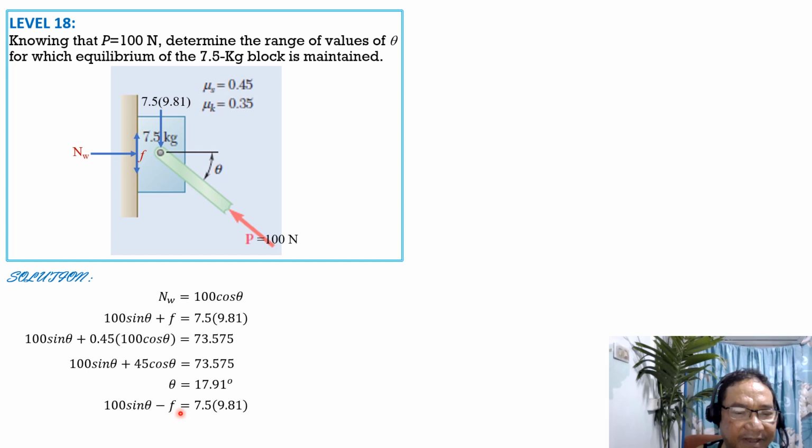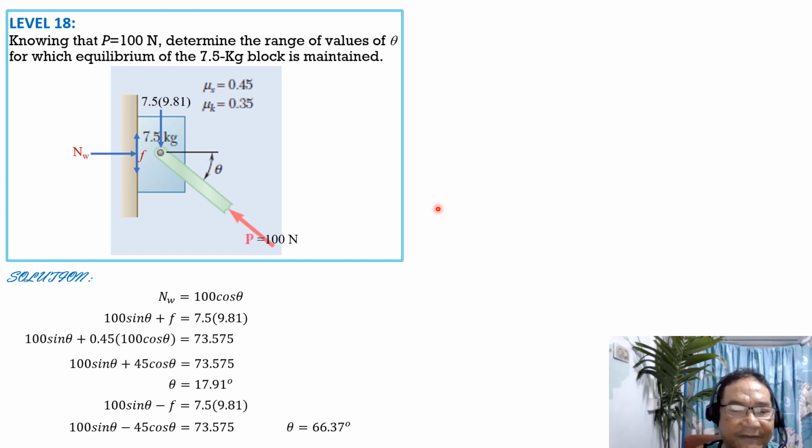So substitute the value of f, which is again 0.45 times 100 cosine theta. So 100 sine theta minus 45 cosine theta equals 73.575. Again, by trial and error or using your high-tech calculator, the maximum value of theta is 66.37 degrees.